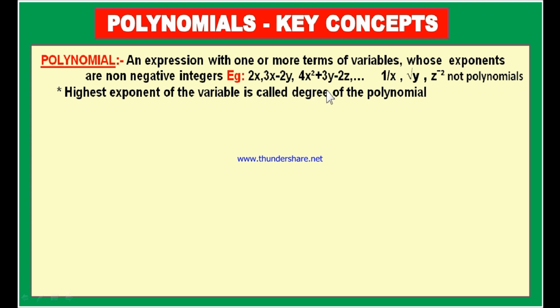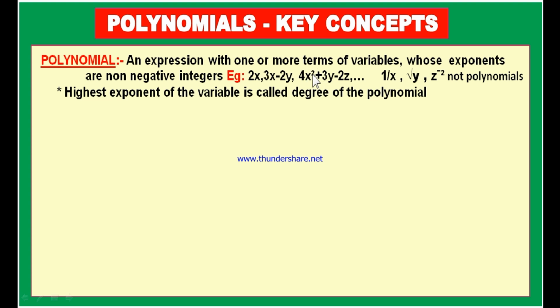Similarly, if you observe the third polynomial, 4x square plus 3y minus 2z. Here, the exponent of x is 2. The exponent of y is 1. The exponent of z is 1. Among 2, 1 and 1, what is the highest value? The highest value is 2.